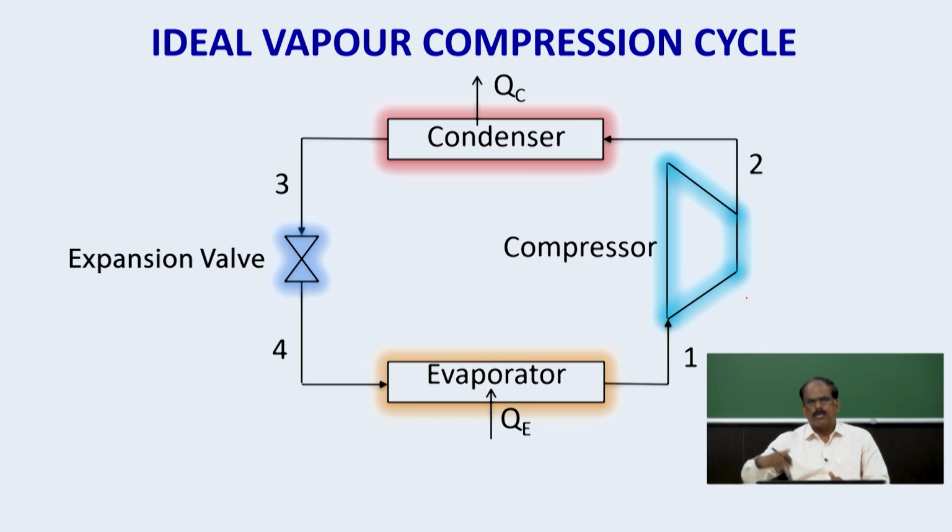So, why does this have to happen? On one side I am increasing the pressure, on the other side I am decreasing the pressure. If I don't use electrical energy, that means my compressor will not function, so I cannot compress the refrigerant from low pressure to high pressure. Without external work, which is in the form of electrical energy in this case, we cannot transfer the heat from a low temperature region to a high temperature region.